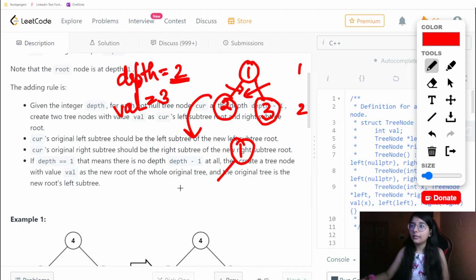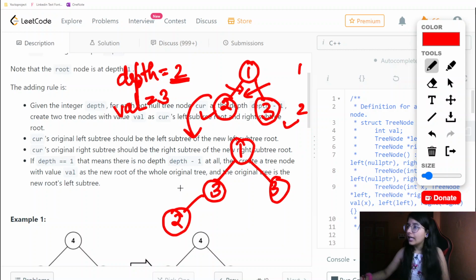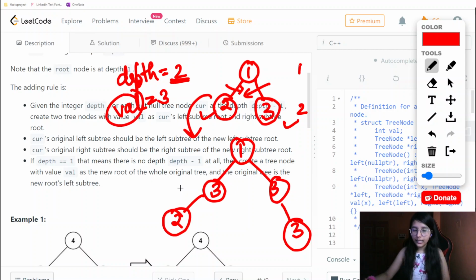So the new tree would be something like this: 3, 3, and whatever was at left will be at left only, and whatever was at right will be at right only. So this is the new required tree, and this is the criteria given to us. That val is already given, depth is also given, and we are only required to add at that particular depth the value given in the question.